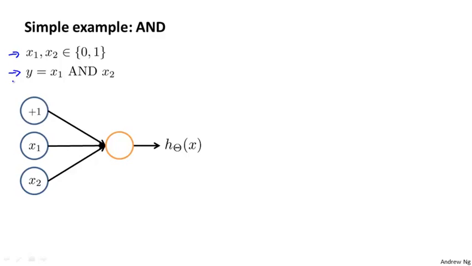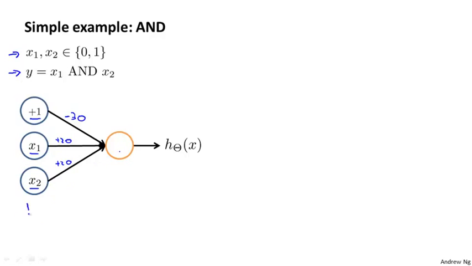Now, let me just assign some values to the weights or the parameters of this network. I'm going to write down the parameters on this diagram: -30 here, +20, and +20. What this means is that I'm assigning a value of -30 to the parameter that multiplies x0, that is this +1 going into this unit, a parameter value of +20 that multiplies x1, and a value of +20 for the parameter that multiplies x2.